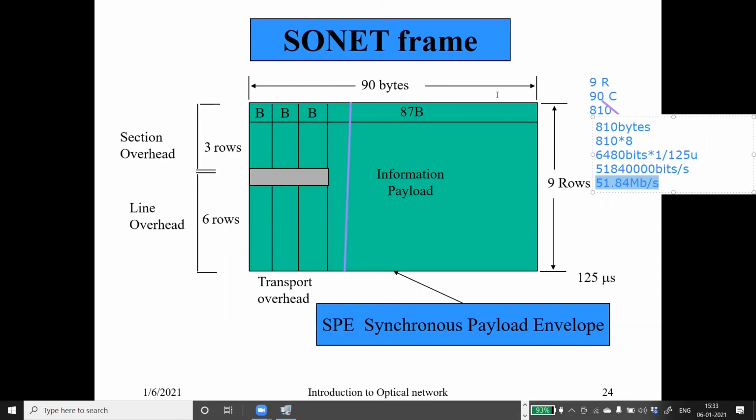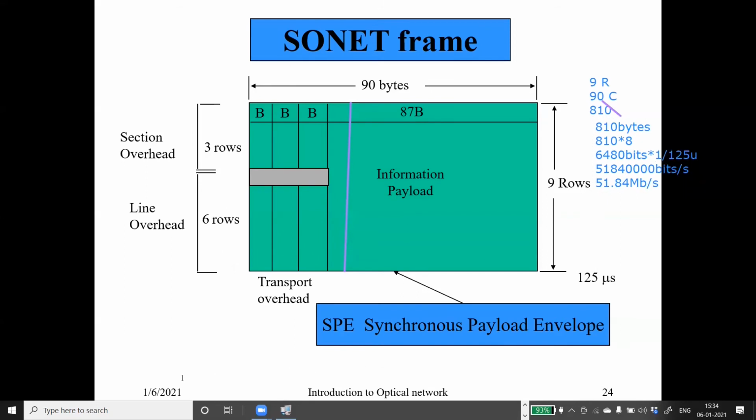This basic frame tells us that SONET will support 51.84 whether you multiplex it, whether it comes in one frame or multiple frames. You just need to remember that the base rate for SONET is 51.84.